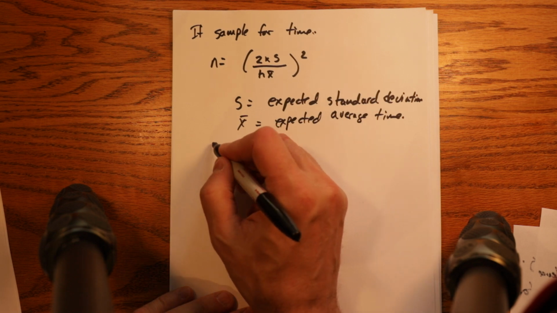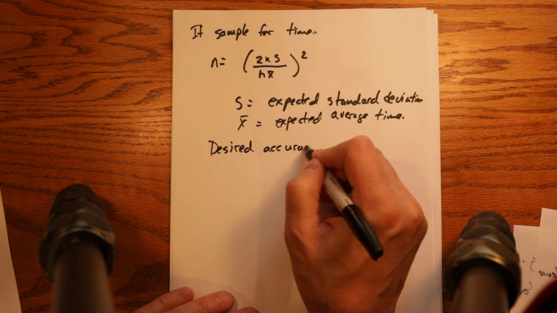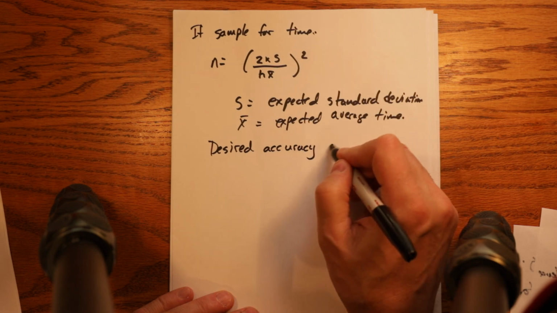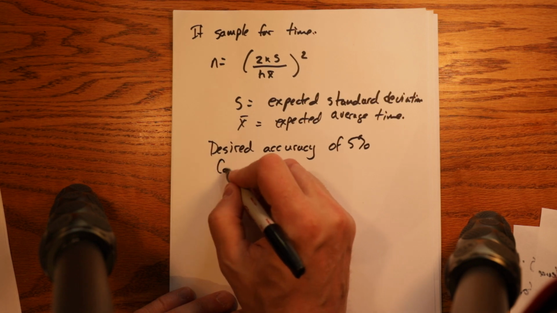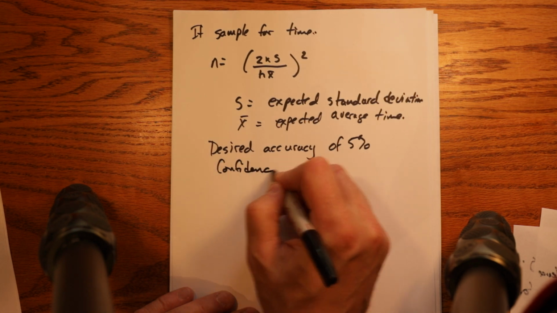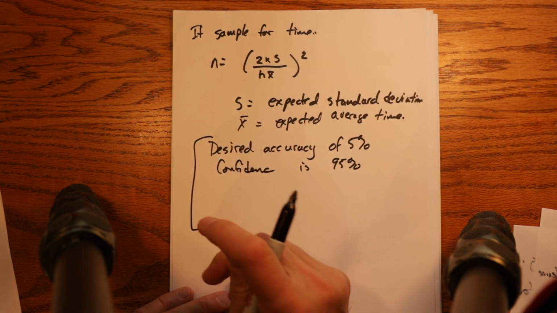So in this case you have a desired accuracy of 5%. That's pretty normal. Confidence is 95%. These are just the parameters of the question.